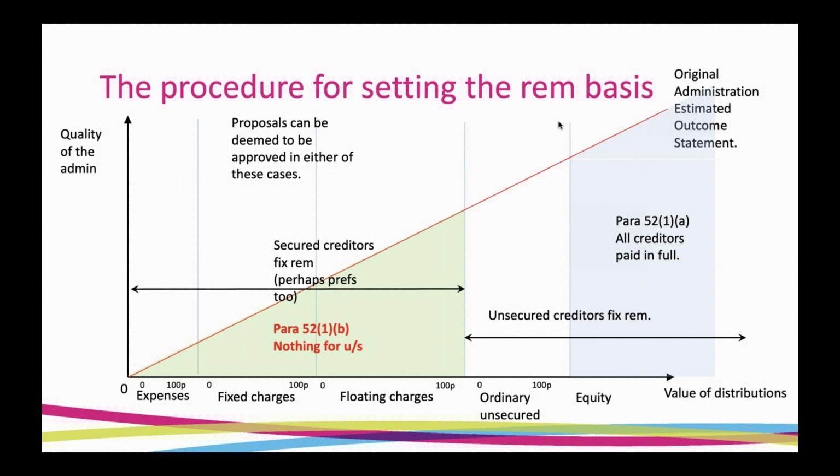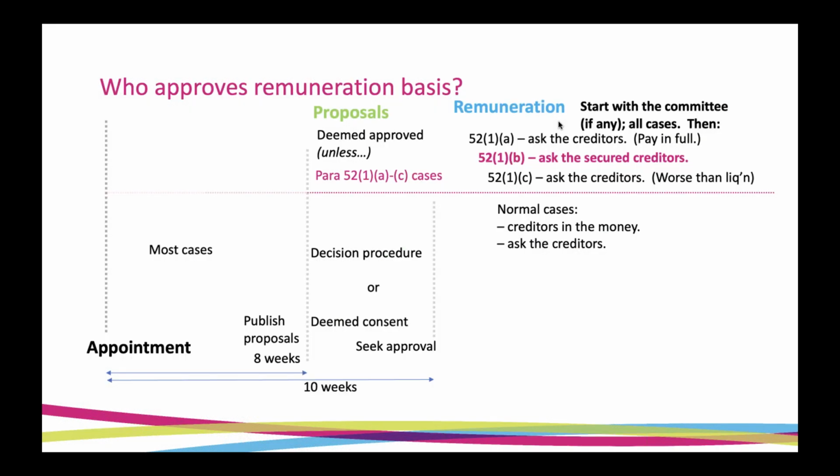If there are no preferential creditors when you put your proposals together, then you'll also be looking at floating charge creditors. So if you're realizing assets for the benefit of fixed and floating charge creditors, you'd still be paying nothing to unsecured creditors because there are no preferential creditors. And so therefore you extend the zone to which paragraph 52(1)(b) applies.